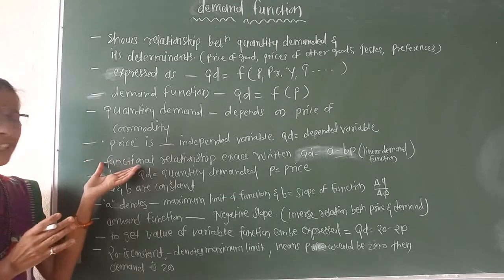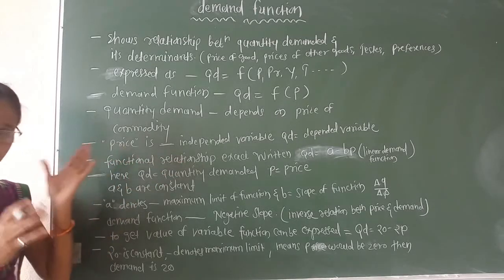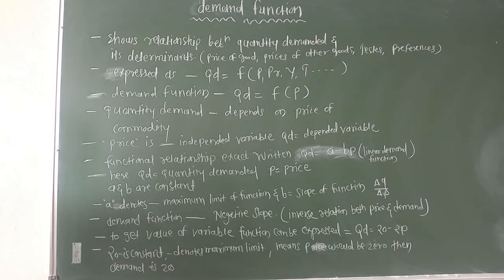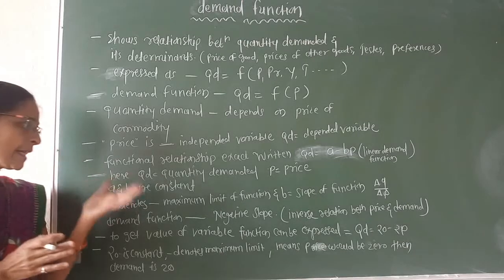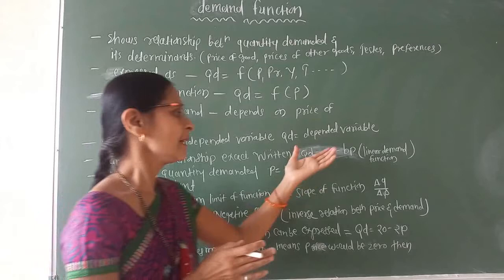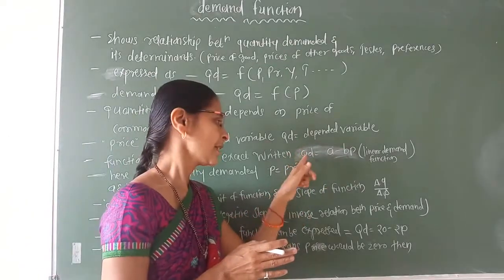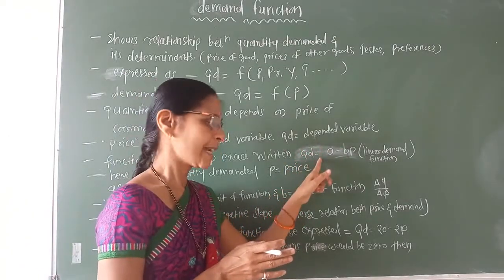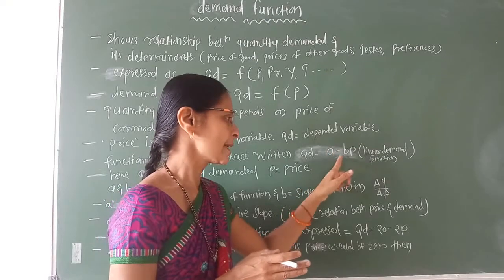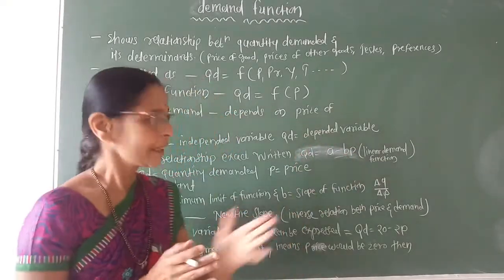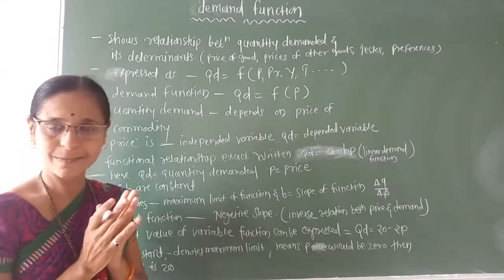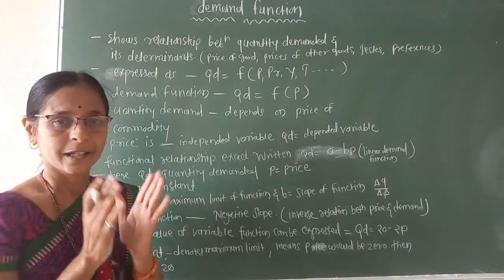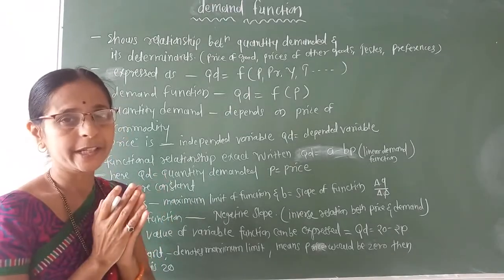The functional relationship between the quantity demanded and its determinants is written like this: the quantity demanded is equal to A minus BP. This is the linear demand function, and we use this function while calculating the quantity demanded.